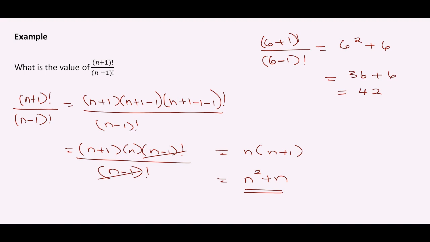So that's the application of this general formula, but let's see if we can prove that to be true. 6 plus 1 is 7 factorial divided by 5 factorial, which is 7 times 6 times 5 factorial divided by 5 factorial. So this crosses out and you're left with 7 times 6, which is 42. So that's just proof that you can use this as a general formula.